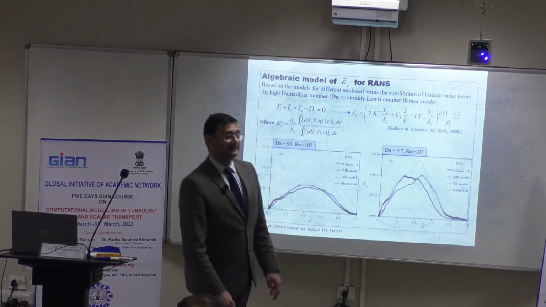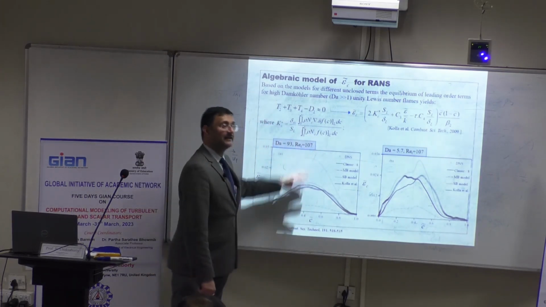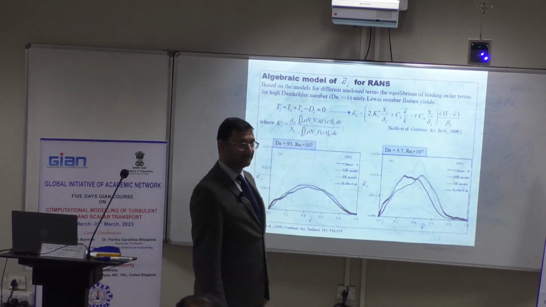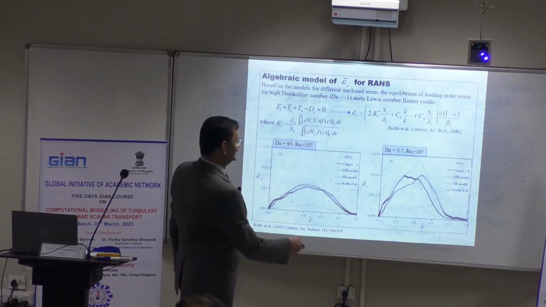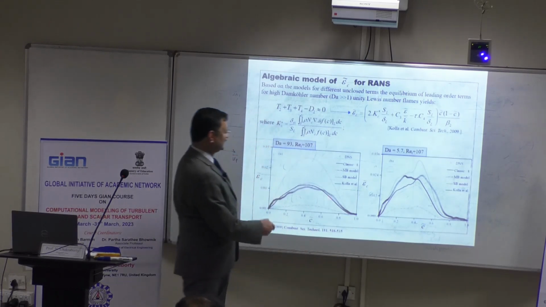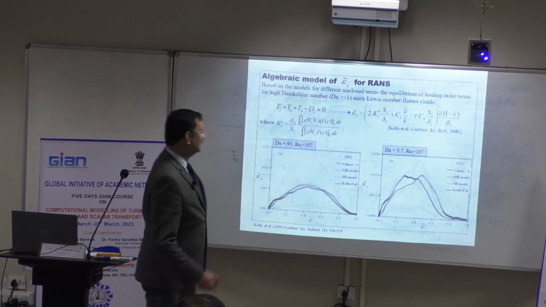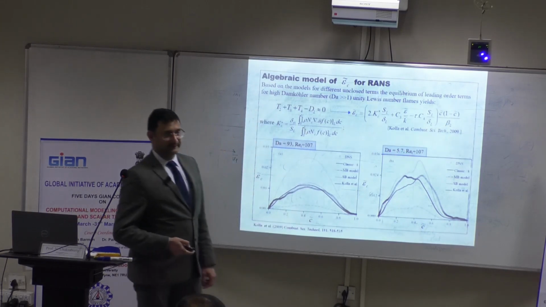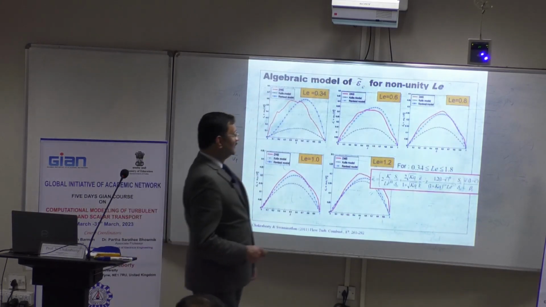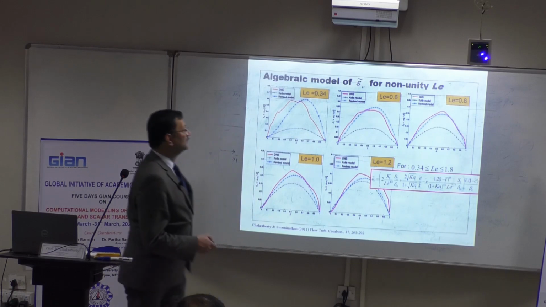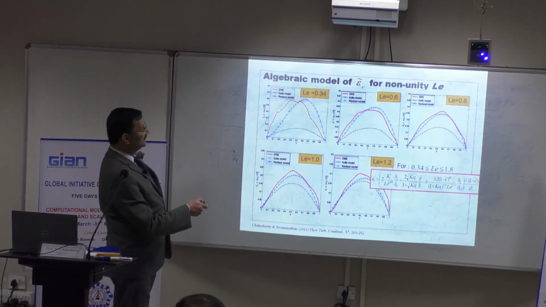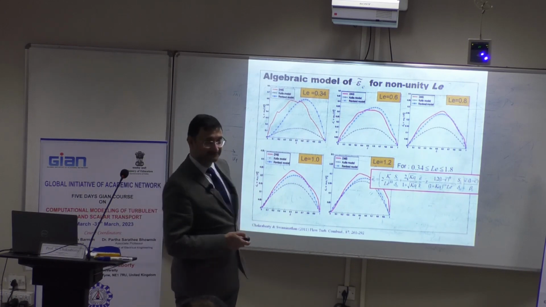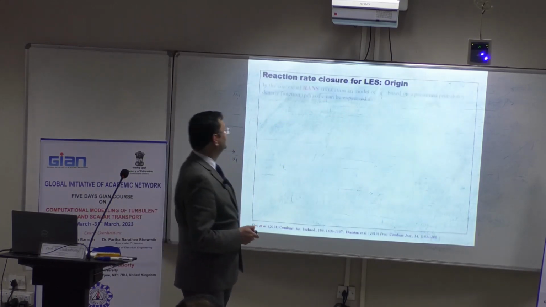That model essentially predicts an order of magnitude higher value than what is obtained from DNS data. Whereas this one does quite a good job of capturing the behavior for high Damköhler number and relatively moderate values of Damköhler number. We extended it for non-unity Lewis number, and as you can see, it's not perfect, but it is much better than anything else available in the literature.